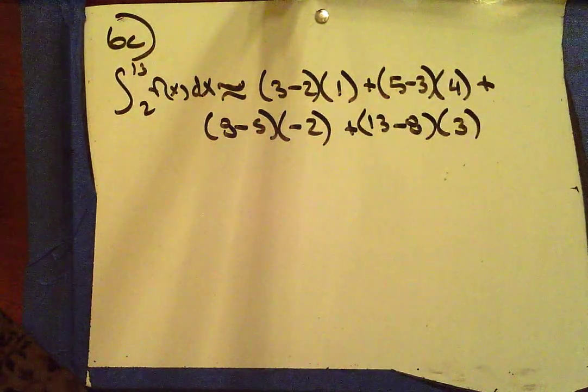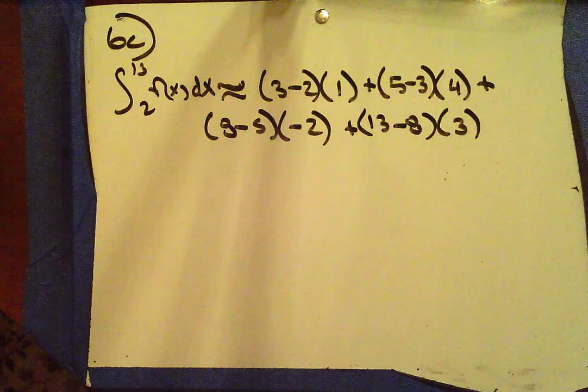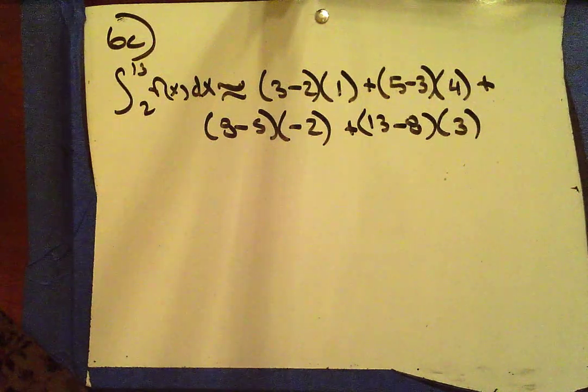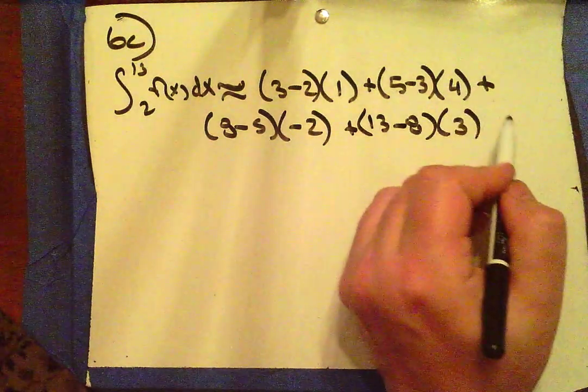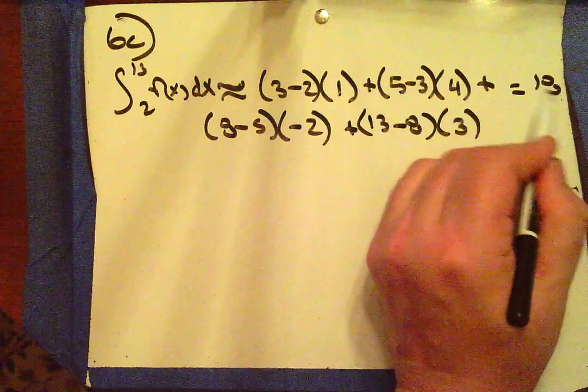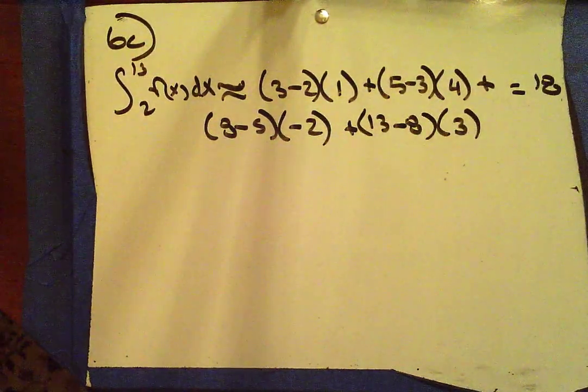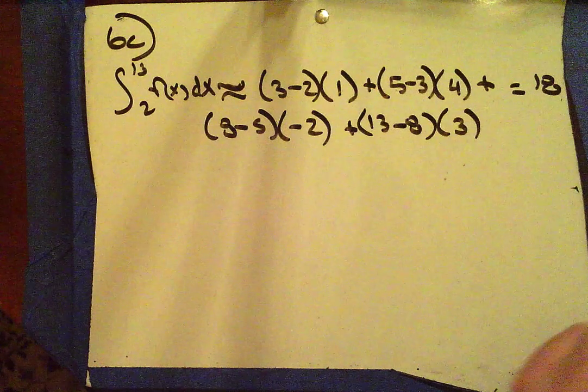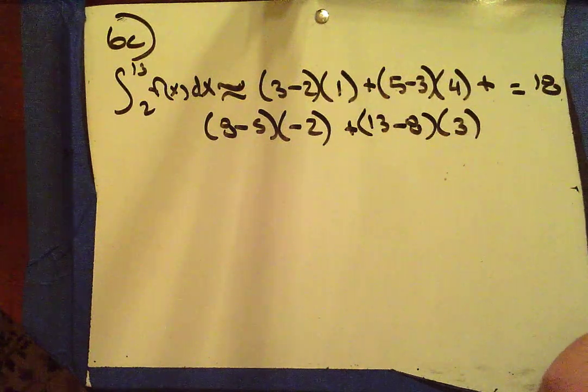It's sufficient to leave your answer like this, but if you want to tidy this up, you should end up with 18. Okay. Show the work that leads to your answer. Done.